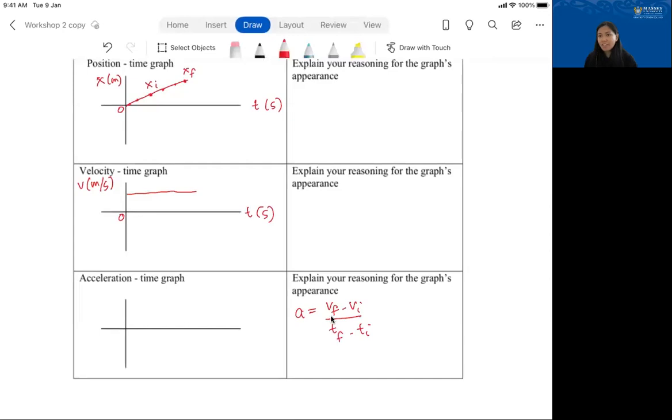Yeah, good, Keelan. It will be 0. From your velocity time graph, you can see that your velocity is constant, meaning it's the same all throughout. Your final velocity is the same as your initial velocity. Your velocity is not changing. And since acceleration is defined as the change in velocity, because velocity is not changing, acceleration will be 0.